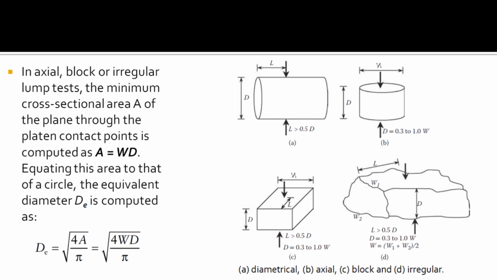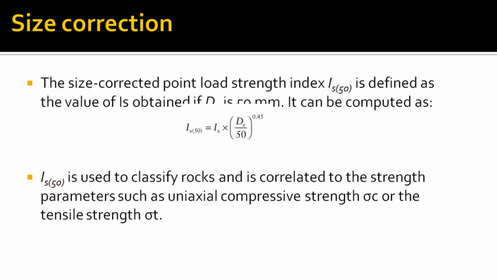The tests need to be standardized. Like most of the UCS tests, they are conducted on 50 millimeter diameter core samples. Hence, there is a size correction which has been derived empirically for lumps. So you calculate their point load strength, then using this size correction formula, you can get the equivalent point load strength index for a core sample of 50 millimeter diameter.